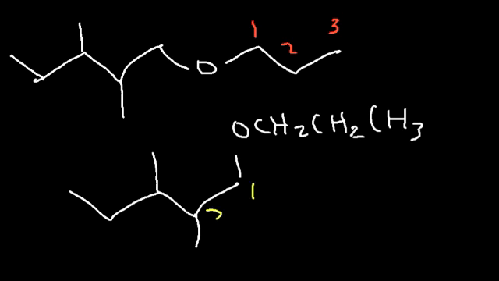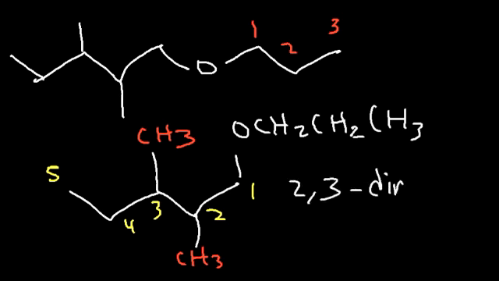So the longest chain is 1, 2, 3, 4, 5, so it's pentane, and we have a methyl on 3 and 2, so this is going to be called 2,3-dimethyl-1-propoxy.